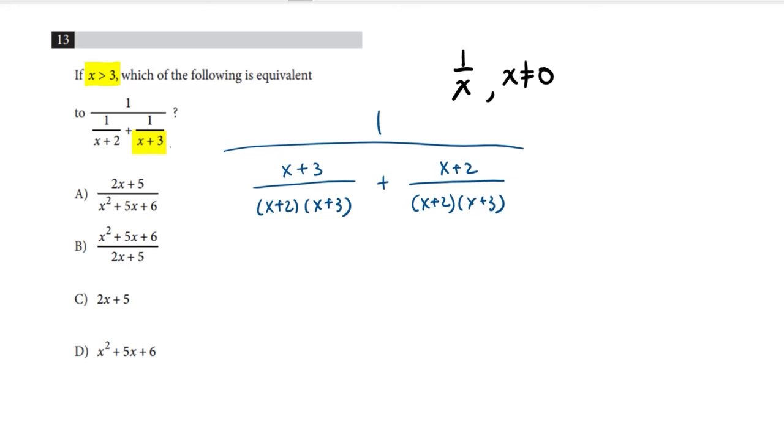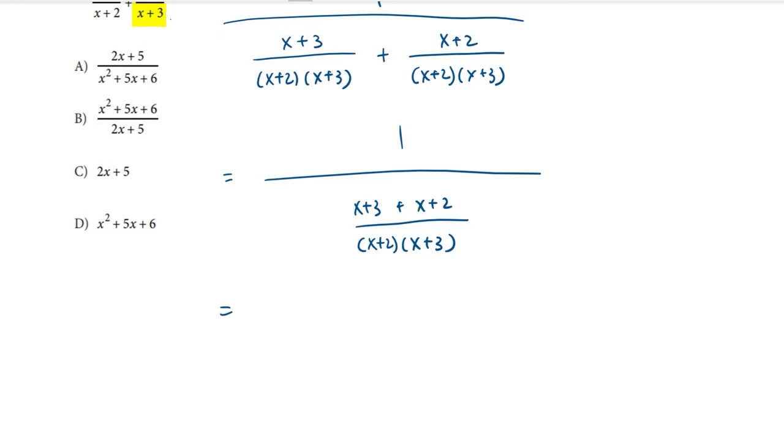And that will be with 1 as the numerator on top. So now we have the same denominator on the bottom, so we can combine those two fractions as one: (x + 3) + (x + 2) over (x + 2)(x + 3). Combining the like terms, it will be 1 over (2x + 5) over (x + 2)(x + 3).